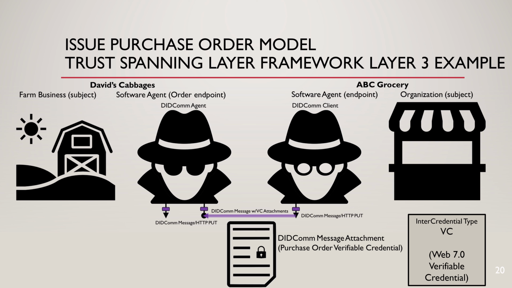At the bottom, you can see the purchase order verifiable credential, and you can see its blood type is VC. It is sent by ABC Grocery's DIDCOM agent, and it's received by David's Cabbages DIDCOM agent, very similar to what we've been talking about all along. So presumably it fits in nicely into the hierarchy.